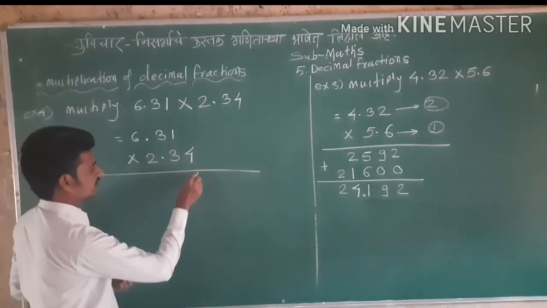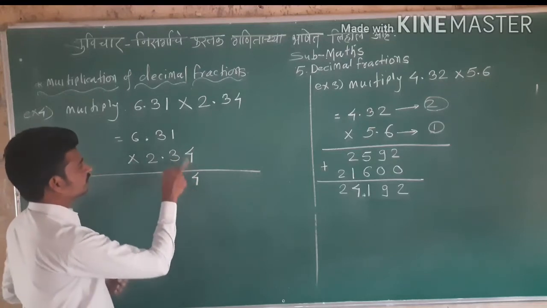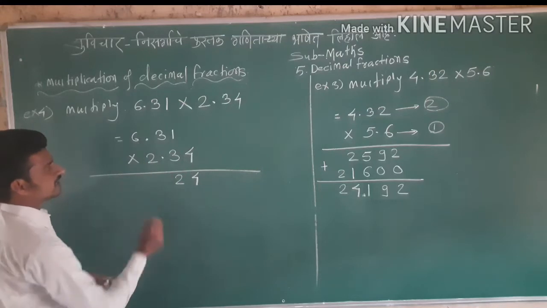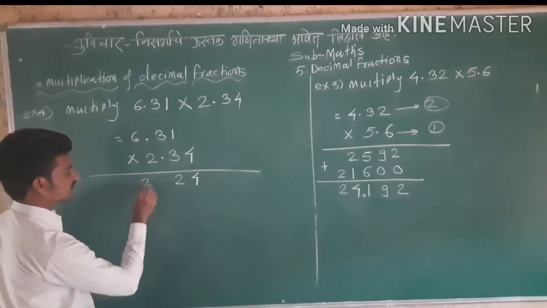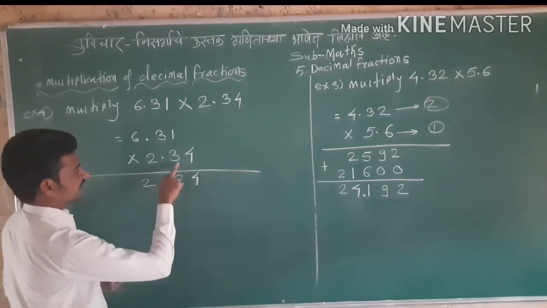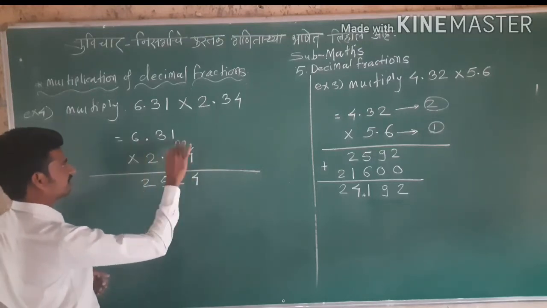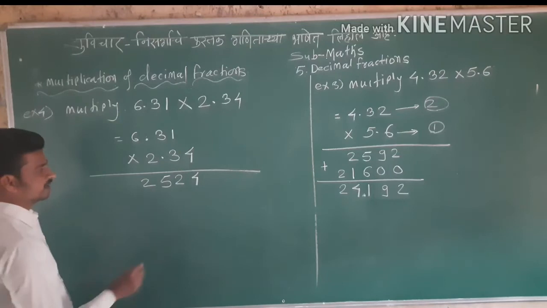4 ones are 4, 4 threes are 12 carried over 1, 4 sixes are 24 plus 1 is 25. First place: multiply all the digits above by the multiplier digit.